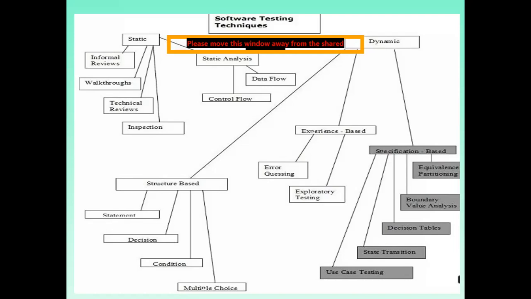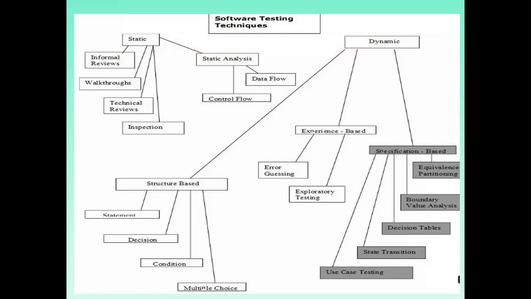But because we are studying the static nature of the software, for simplicity we divide it into informal reviews, walkthroughs, technical reviews, and inspection.